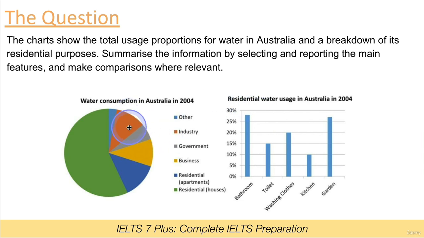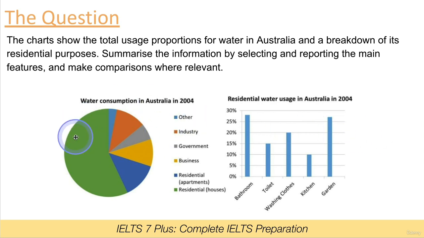Okay, so then heading into, let's take a zoom in lens, if you like, on the residential water. Now we do have percentages for this one, and we've got different areas of the house. So bathroom in general, toilets, washing clothes, kitchen, garden. Okay, so then I think what we could do for this one, you might think, oh, where to begin with grouping?